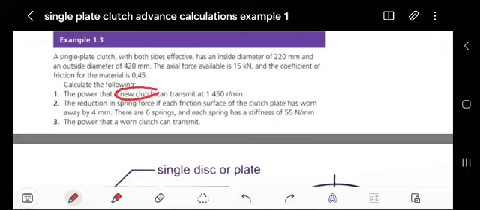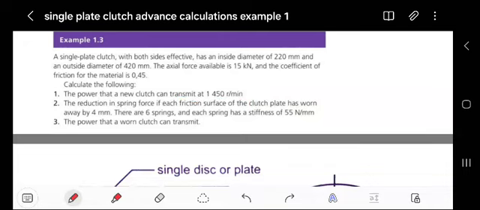Remember, new is for uniform pressure theory. Do not forget that. And it can transmit power at a given N of 1450 revolutions per minute.